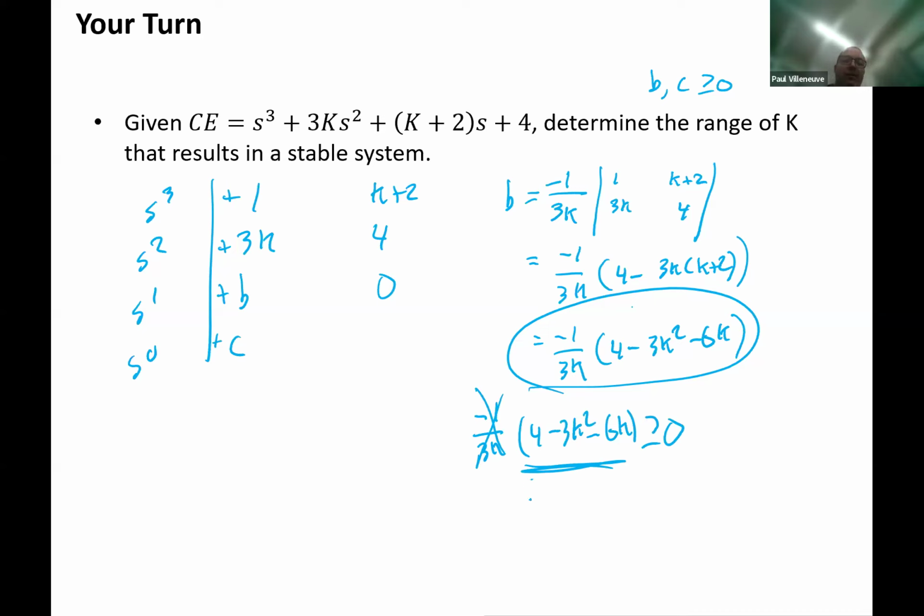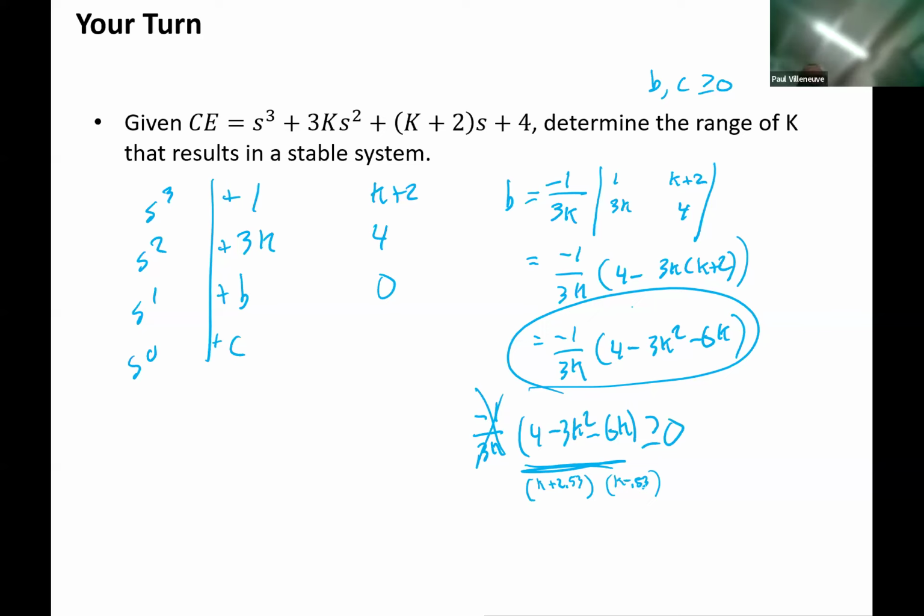So I'm going to solve for the roots of this equation because I know that that's going to be equal to 0. When I did that, I ended up with k plus 2.53 and k minus 0.53 just by doing the roots in MATLAB.